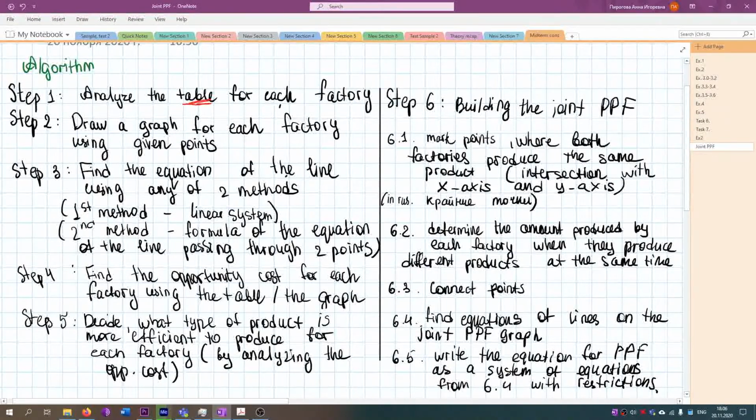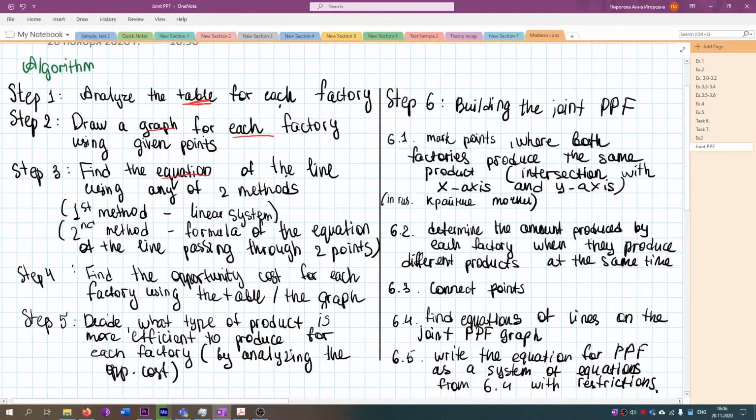Then we will need to draw a graph for each factory using given points from the table. Next, we will find the equation of the line using any of two methods. I will consider both of them, so you can use the one you prefer.